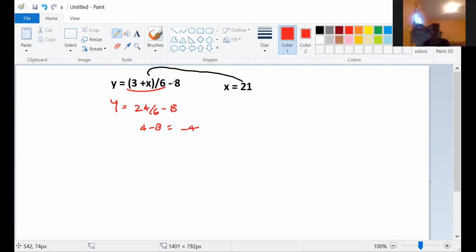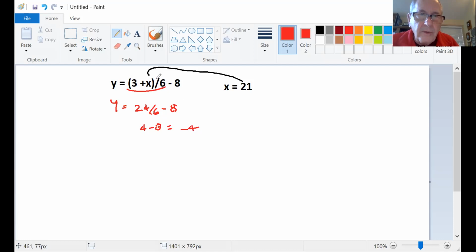Yeah, go ahead. So wouldn't the 3 plus x divided by 6, shouldn't that be in the parentheses too? Well, it is. I mean, it's understood.